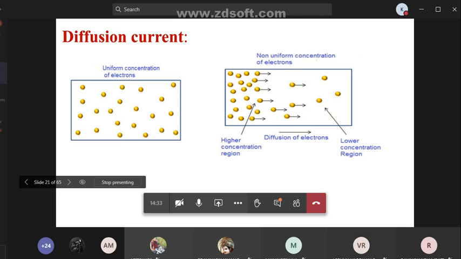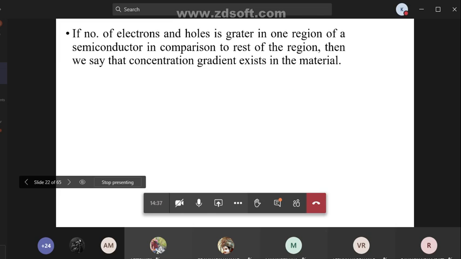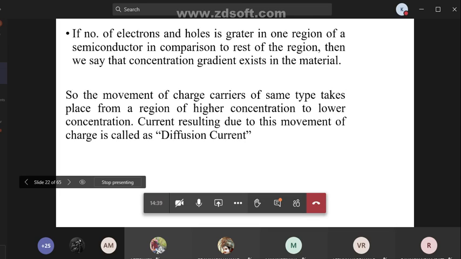Here the charge carriers are moving from the higher concentration region to the lower concentration region, right? So what is diffusion current? The movement of charge carriers of the same type from a region of higher concentration to lower concentration. That current is called diffusion current.